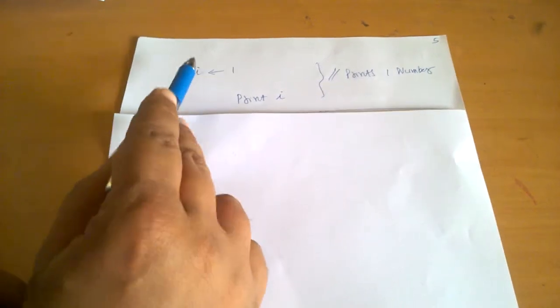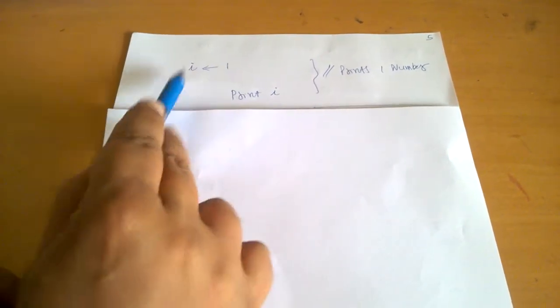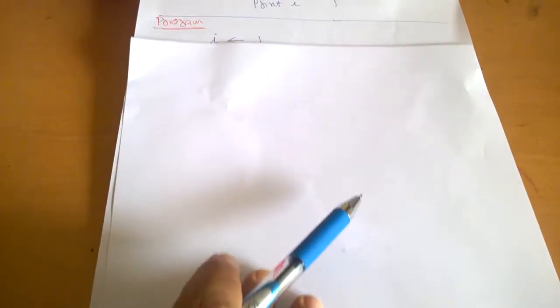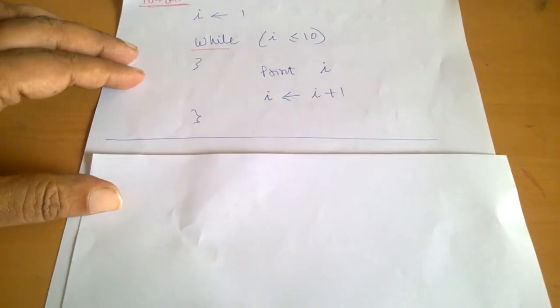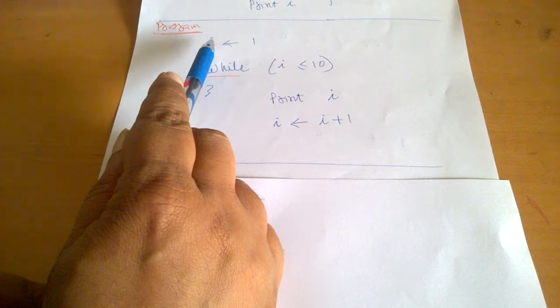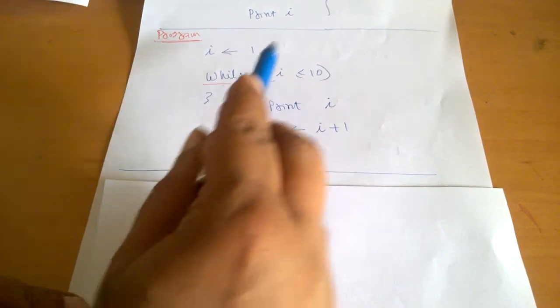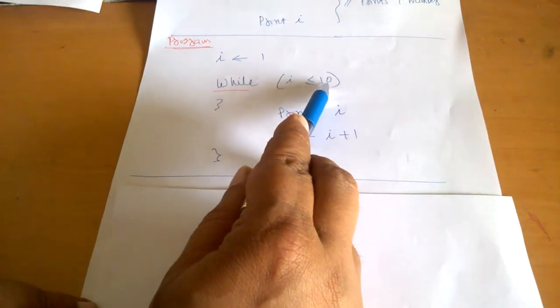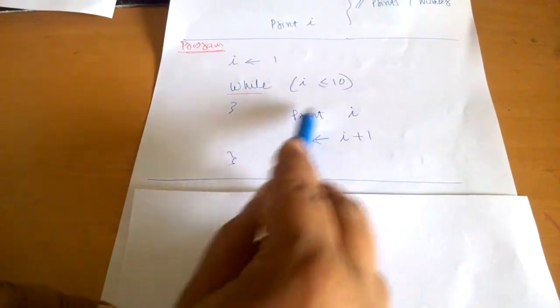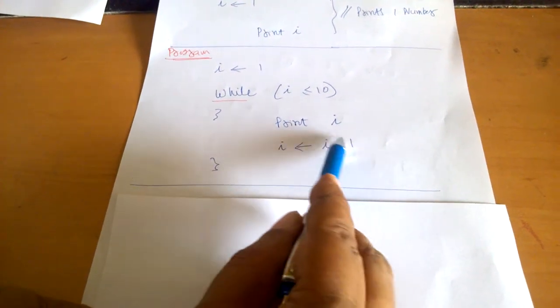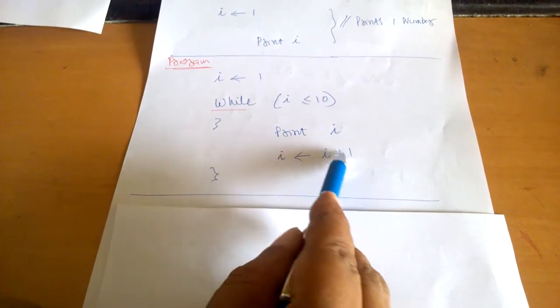So what we need is to be able to repeat this operation. That is achieved using a loop in every programming language. So that's what is attempted here. Initialize I to 1 and we set up what is called a while loop. While I is less than or equal to 10, repeat all these steps: print I and then increment I by 1. We have understood what I equals I plus 1 means.